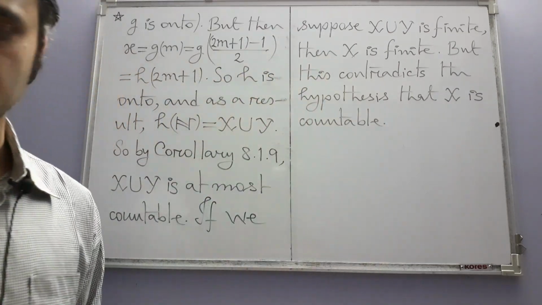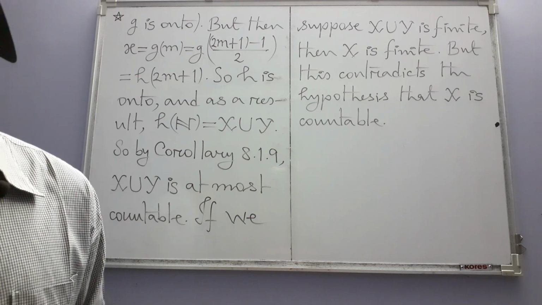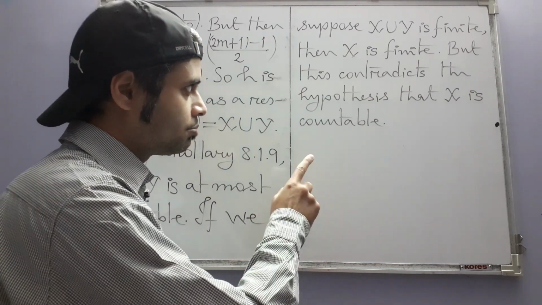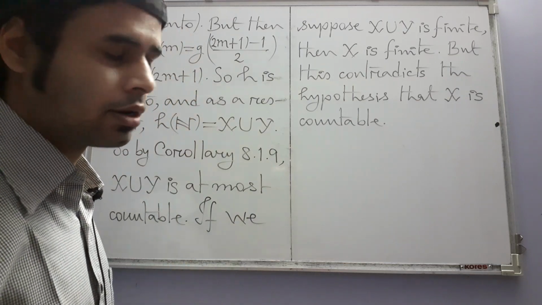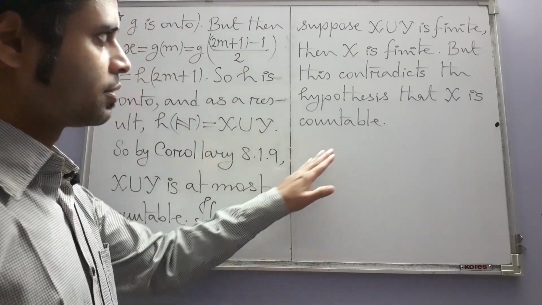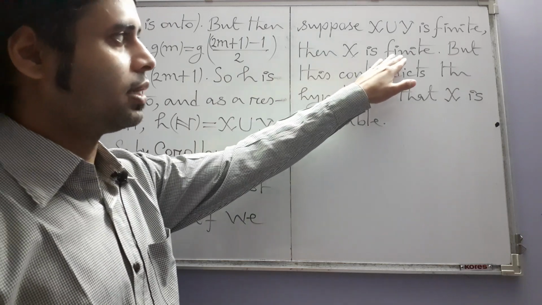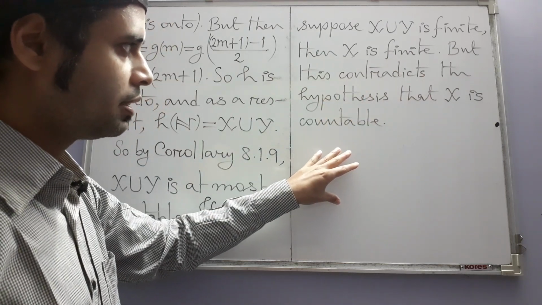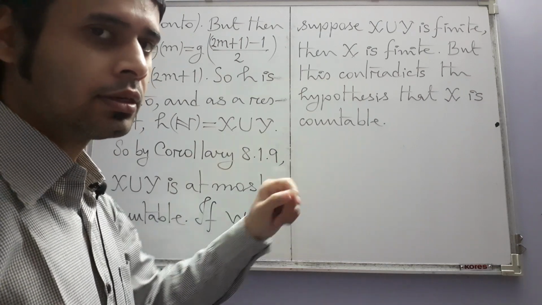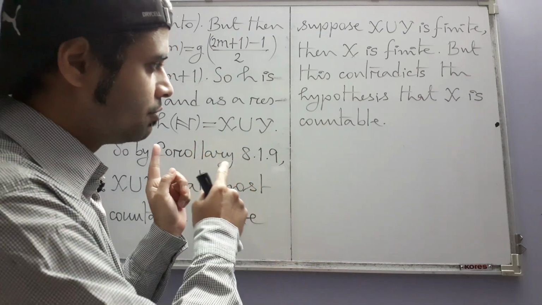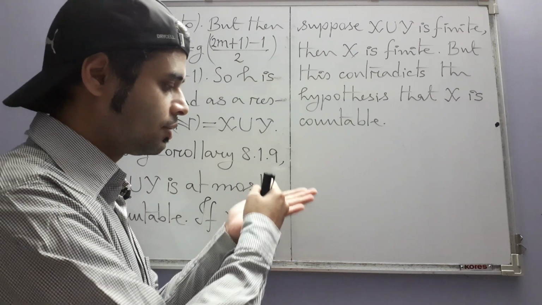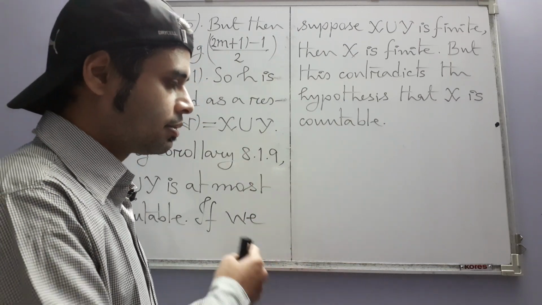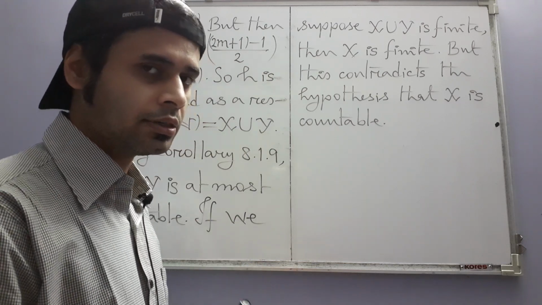It is because, you see, countability means that there is a bijection between x and the set of natural numbers. Now, if we also have that x is finite, then there is a bijection between x and a finite set. And using these two bijections, we will have a bijection between the set of natural numbers and a finite set, proving that the set of natural numbers is finite, which it is not.